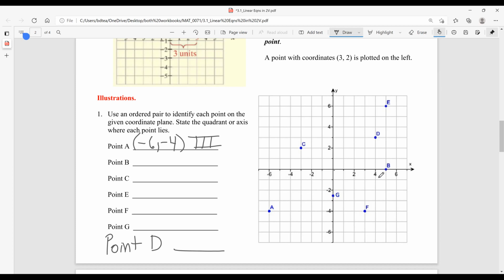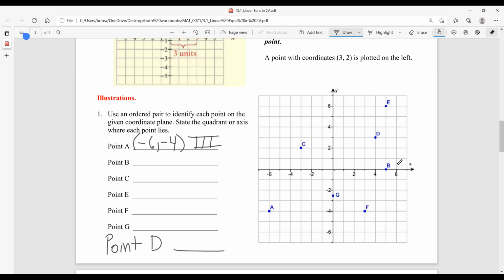Point B is on the x-axis. So you know that the y coordinate is going to be 0. This is, again, something you can put in your toolbox. If it's on the x-axis, the y coordinate is going to be 0. Start here at the origin and count 1, 2, 3, 4, 5.